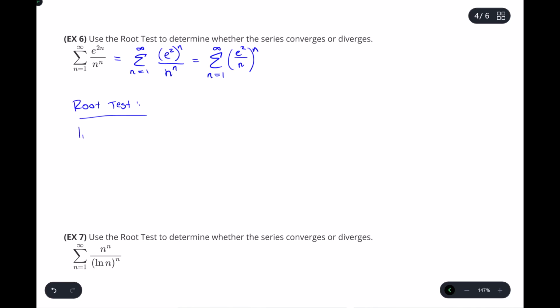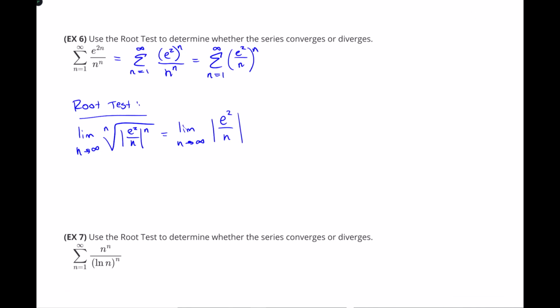So this is going to be the limit as n goes to infinity of the nth root of this series. Well, I guess a sequence at this point. That's all right. And that's going to be the limit of e squared over n.